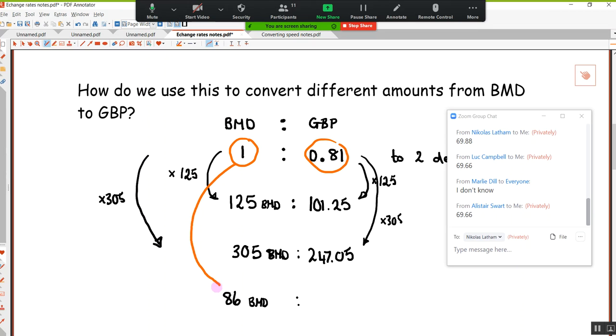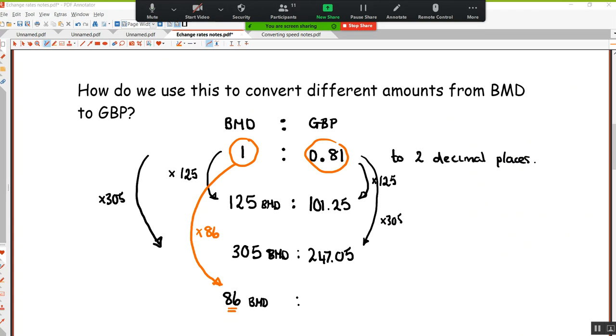How many lots of 1 do I need to have 86? Really simple question. It's not as tricky as it sounds. If I've got $1 and I want $86, I've got to multiply by 86.